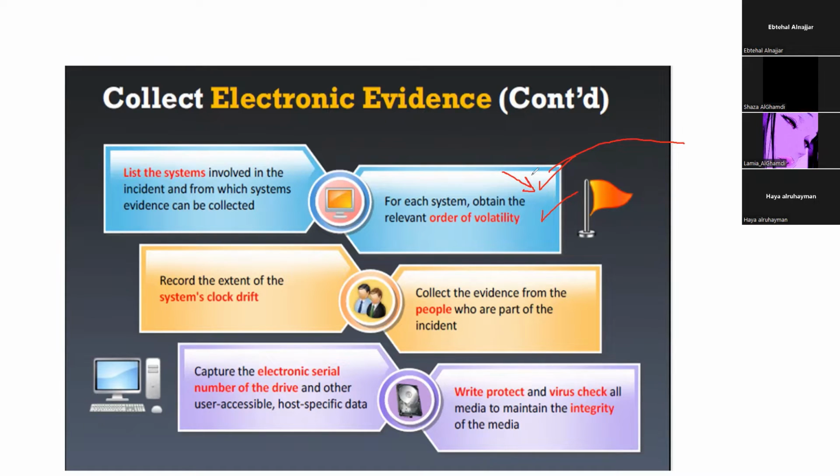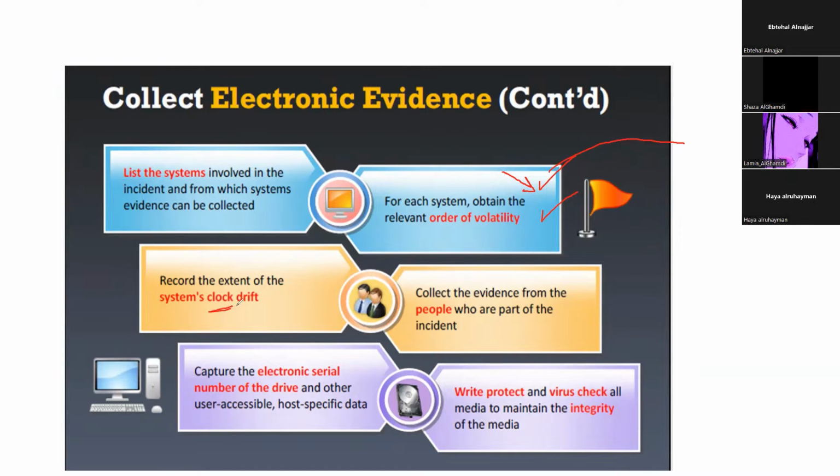You can destroy the data in memory by restarting or rebooting the computer, so you lose a lot of important data. So you need to focus on getting this data in order, and the order is related to volatility. If the data is volatile, you need to start with it. If the data is going to stay there for a long time, then you can take it later and collect it.